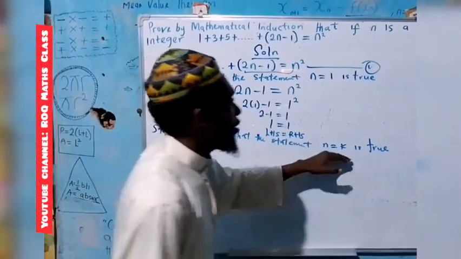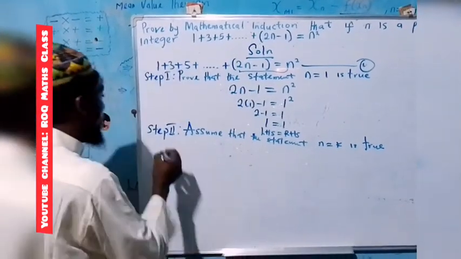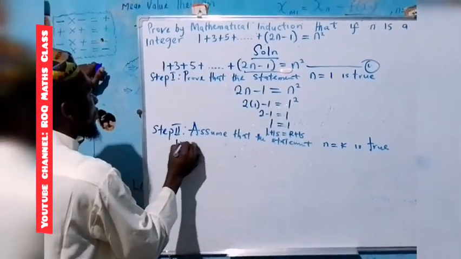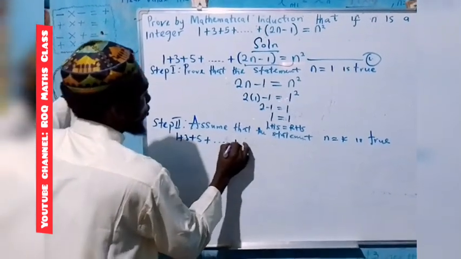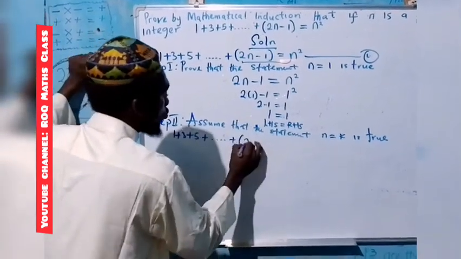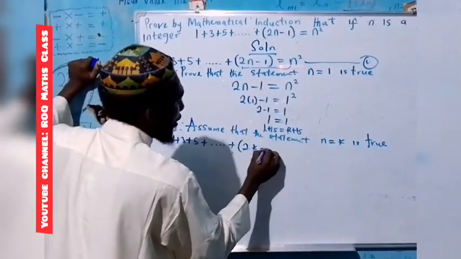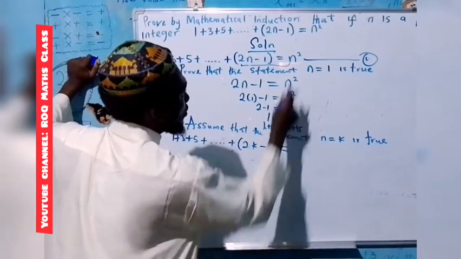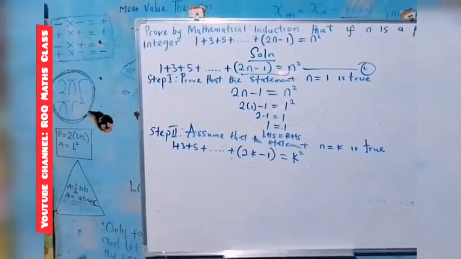Whenever I find n in my equation 1, I'm going to substitute it by k. So what do we have in our equation 1? We have 1 plus 3 plus 5 plus, and so on, plus the bracket of 2k minus 1 equal to k squared. That is it.